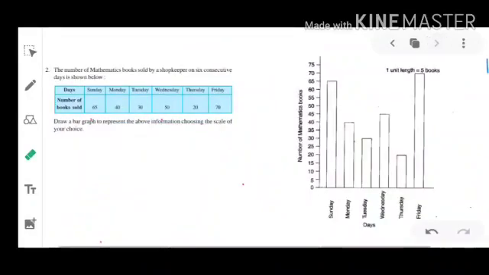The number of mathematics books sold by a shopkeeper on 6 consecutive days is shown below: Sunday, Monday, Tuesday, Wednesday, Thursday and Friday. Draw a bar graph to represent the above information, choosing the scale of your choice. Y-axis, right?